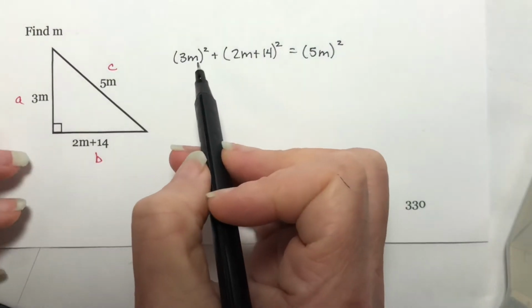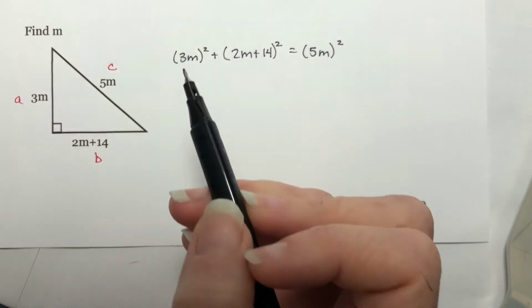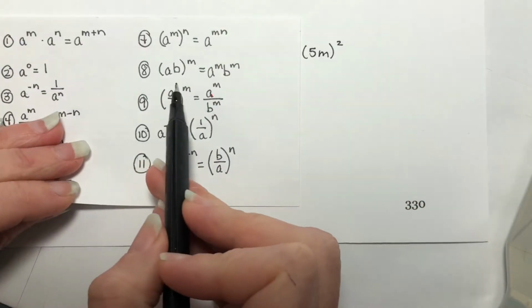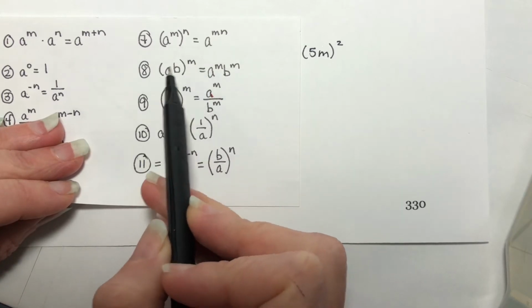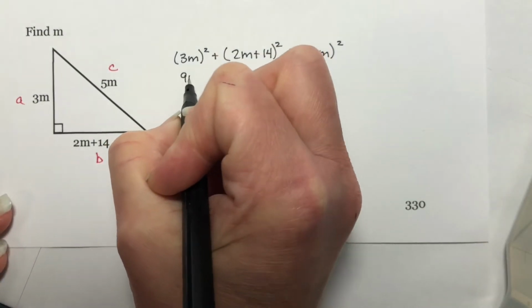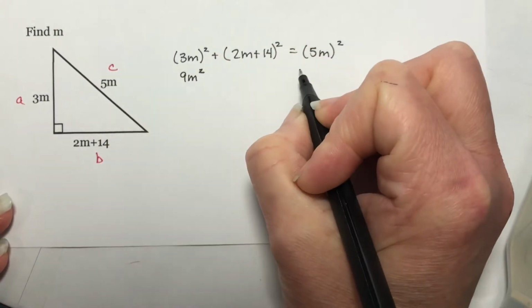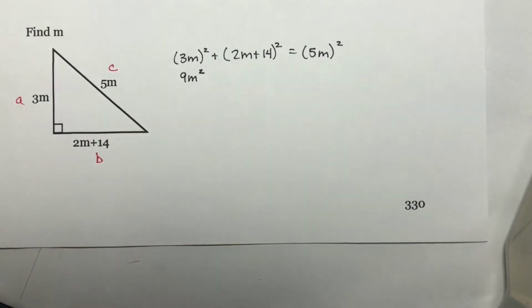Remember when you're squaring two things that are multiplied together, you have property number 8 right here, and we need to put this exponent on each one. So right here, this is going to be 9m squared, and over here that happens as well. But it does not happen right here, and that's because we have the plus sign in the middle.